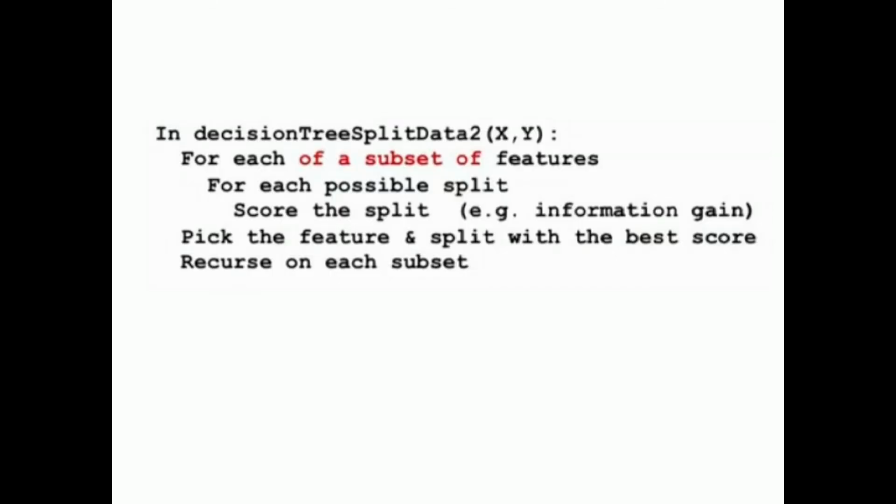This is a code snippet explaining the decision tree split of the data set. For each of a subset of features and for each possible split, we calculate the score of the split, that is the information gain. After that, we pick the feature and split with the best score and recurse on each data set.